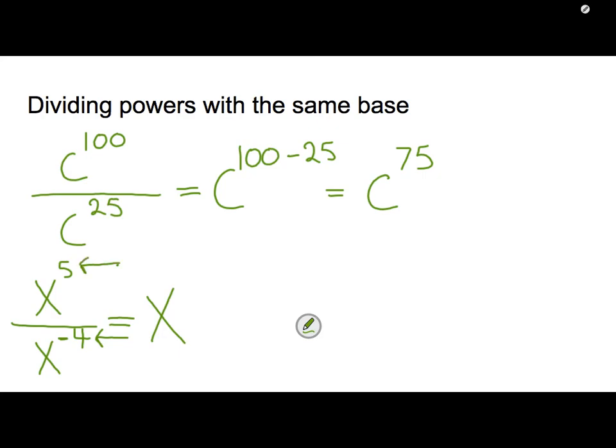So this is where we have to be careful. It's going to be 5 minus negative 4, which is going to be equal to x to the 9th. Because subtracting a negative is the same thing as adding. So this is really 5 plus 4.